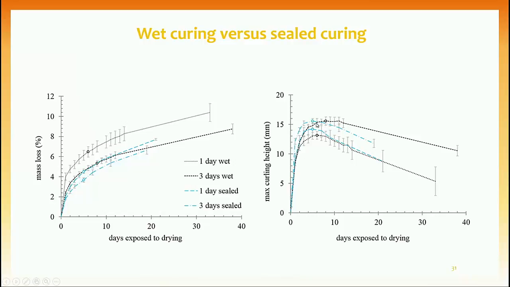And as you increase the curing length, you increase the maximum curling. Also, the time that the maximum deflection happened in the seal curing was shorter, and this can be related to the more water gain in the wet curing samples.